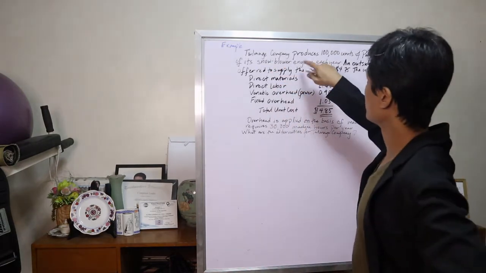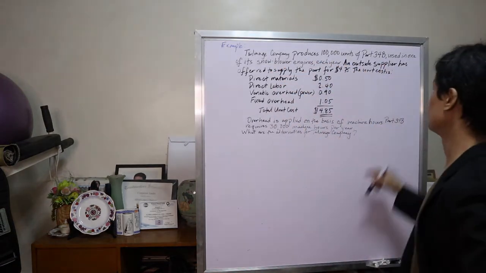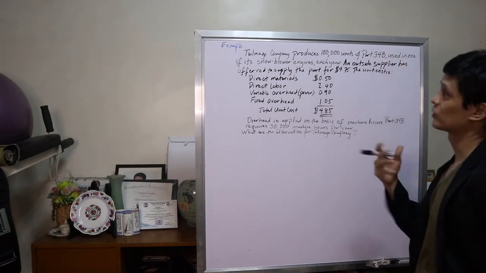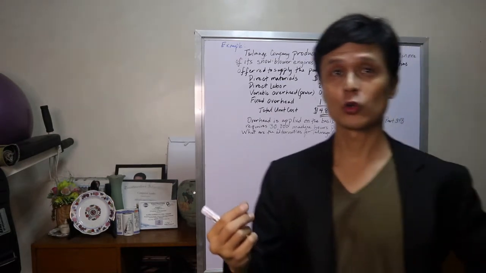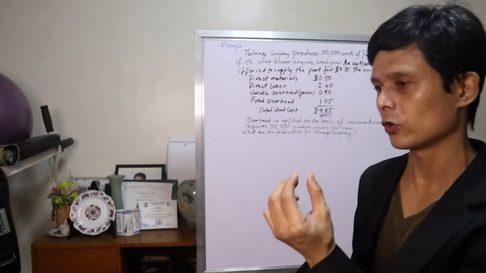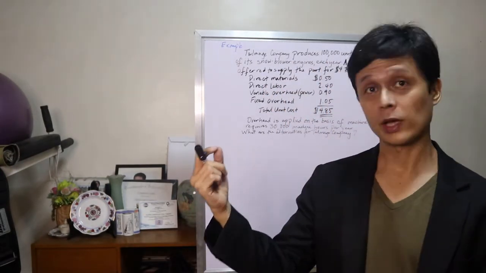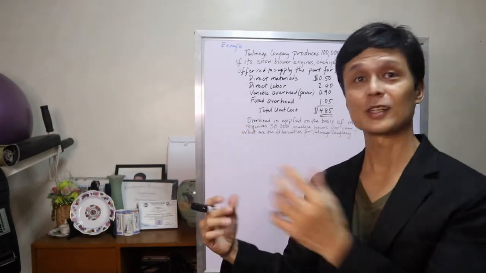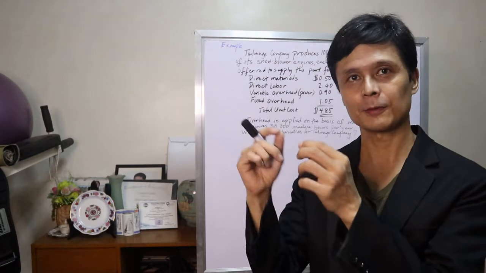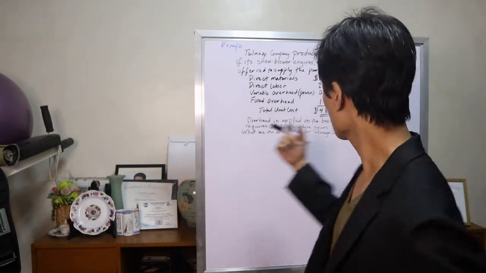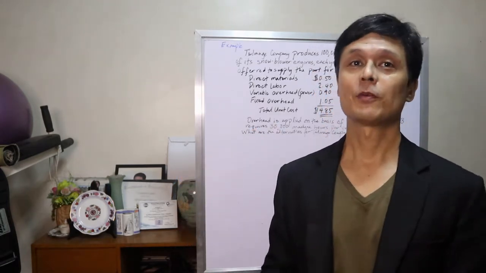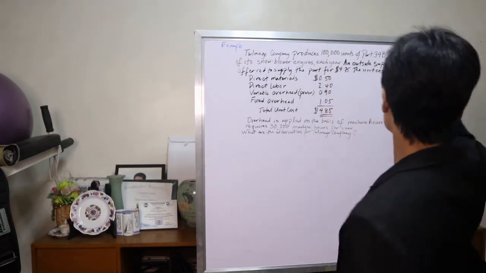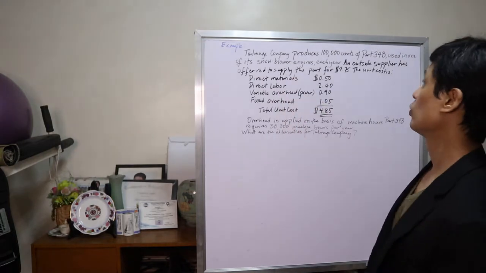So, Talmage Company produces 100,000 units of part 34B. So, ito yung part 34B, ito yung isa sa mga components, yung part ng isang produkto na kailangan nilang bilhin or gawin para ma-produce yung finished product used in one of its snowblower engines.